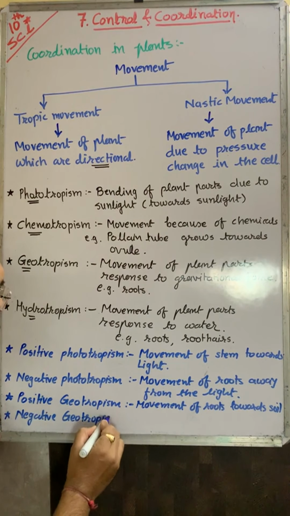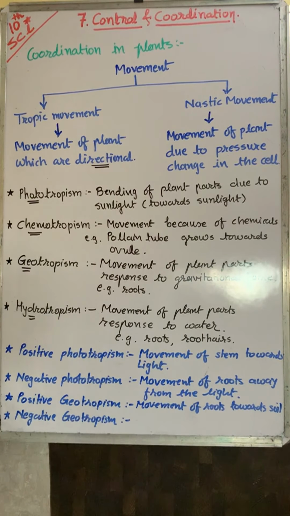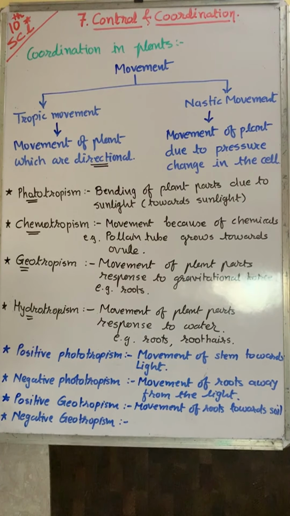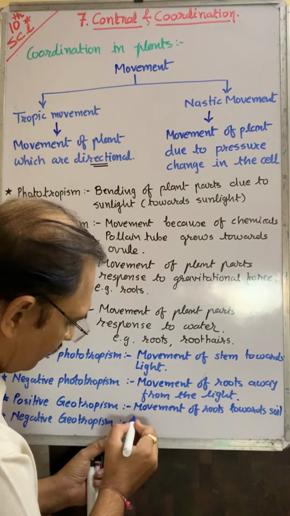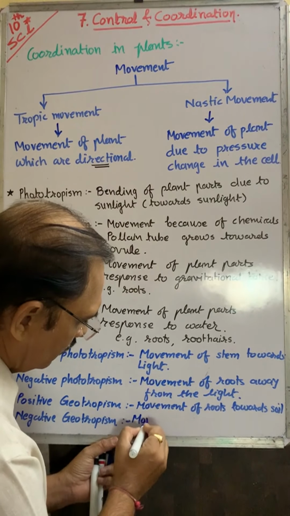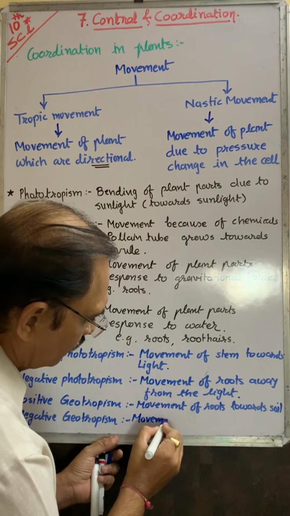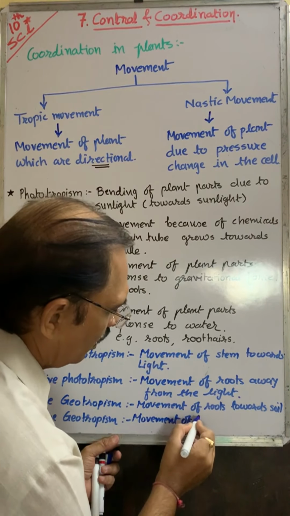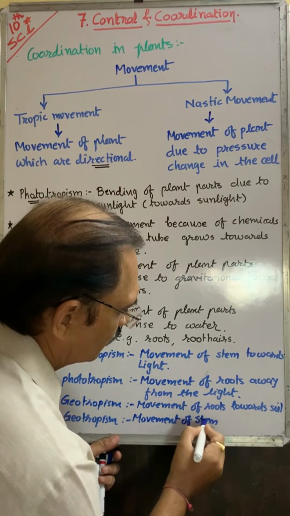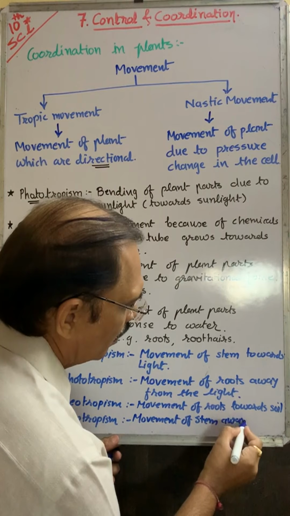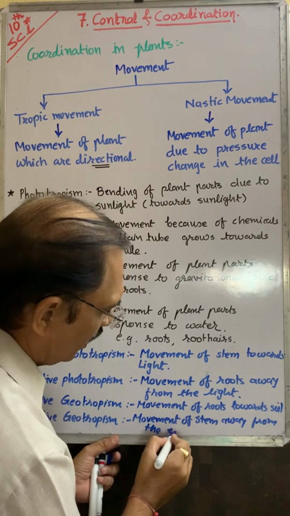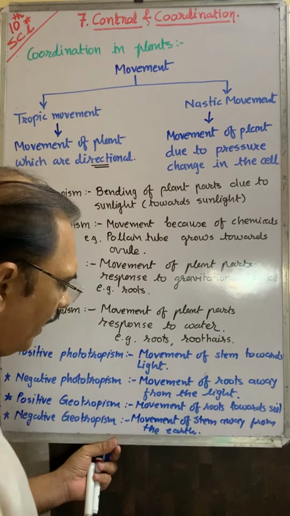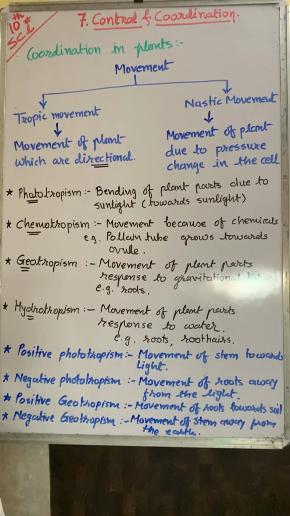You can write it easily. Negative geotropism is the movement of stem away from the earth, or the opposite side of the earth. That is called negative geotropism.